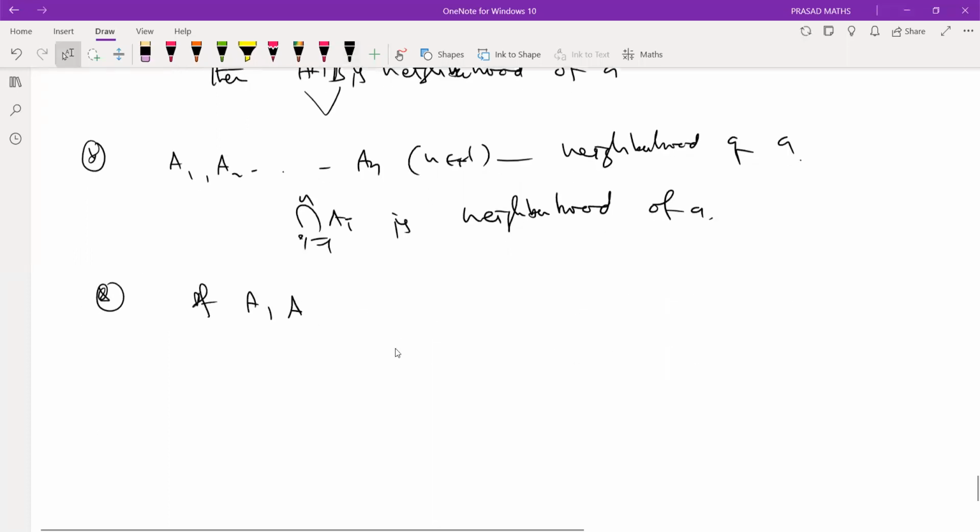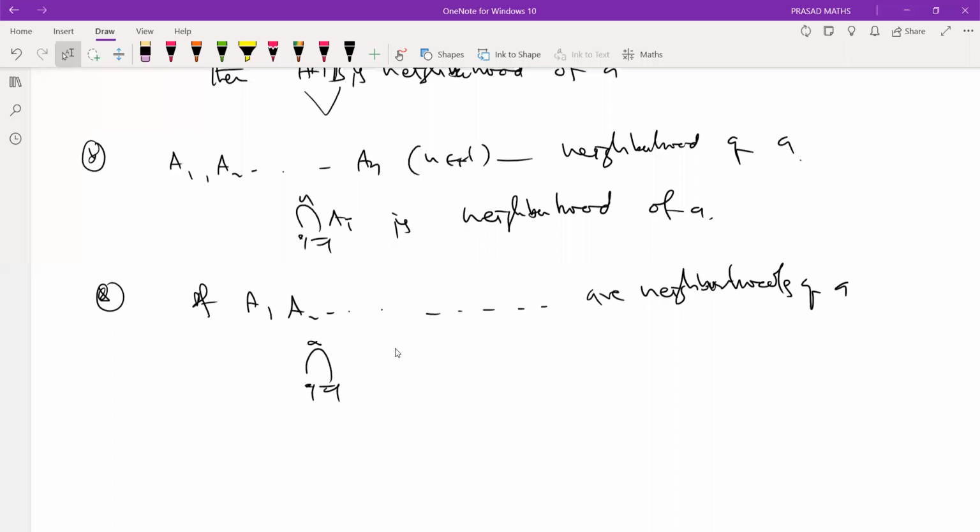If A1, A2, A3, going on, are neighborhoods of a point A, does it mean that if you take the arbitrary intersection or countable intersection, it is a neighborhood of the point A? Is it true actually?